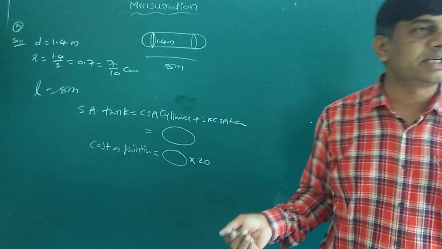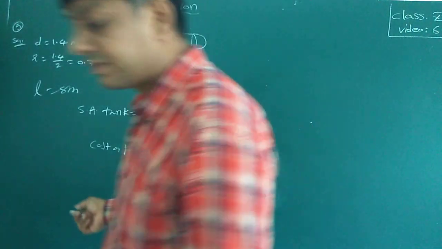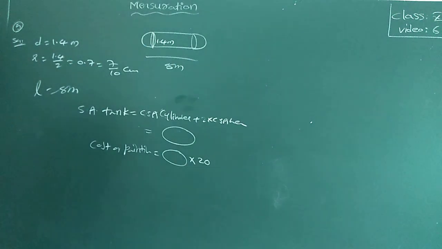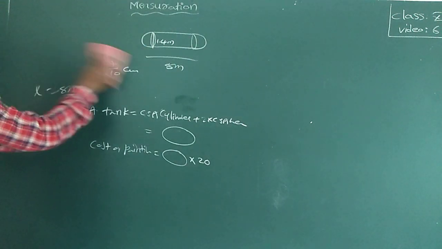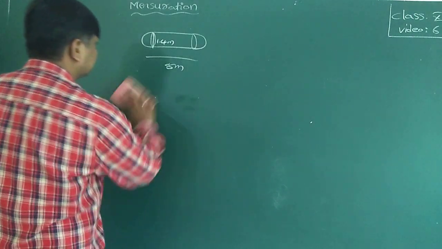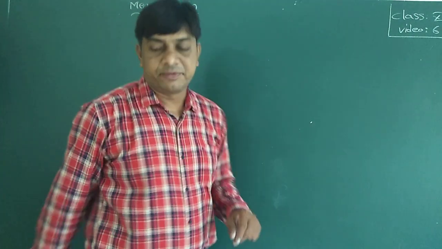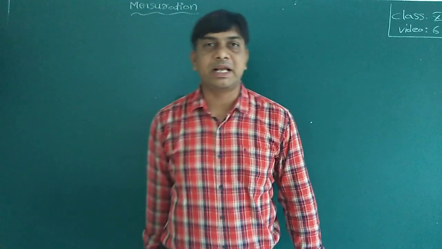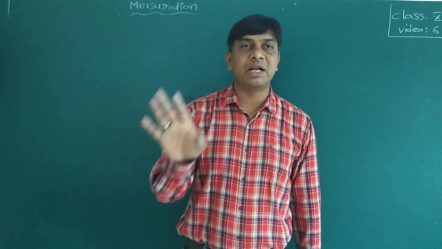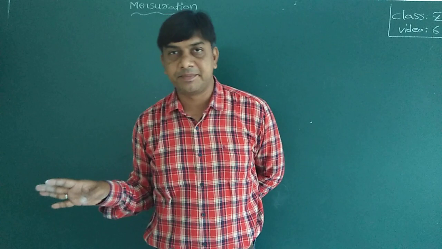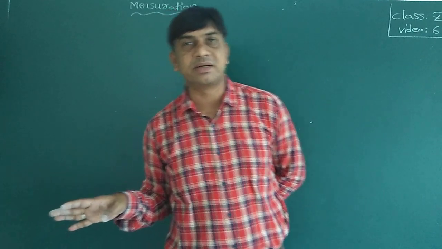So multiply that, you may get the answer. Am I clear? If you don't understand, let me know, then I will explain that problem. Similar model as the third question only.